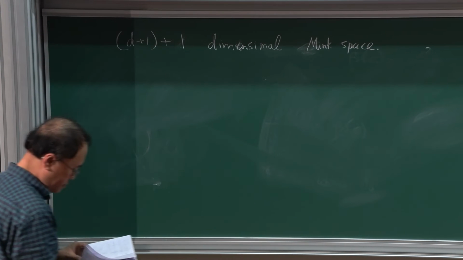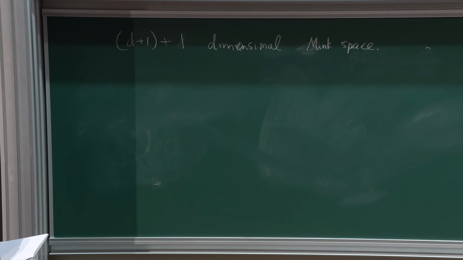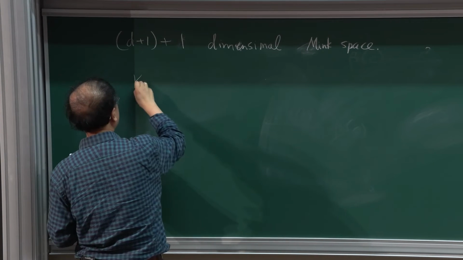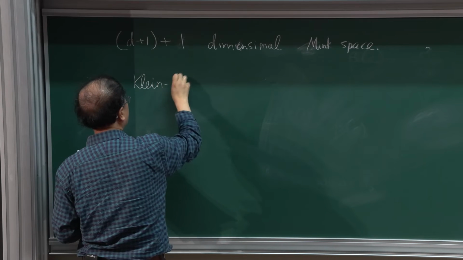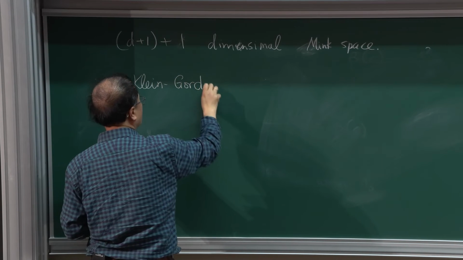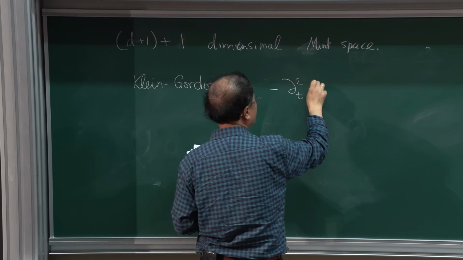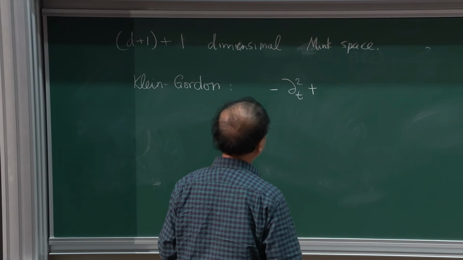And let's consider the Klein-Gordon equation: minus d_t squared plus d_x squared.